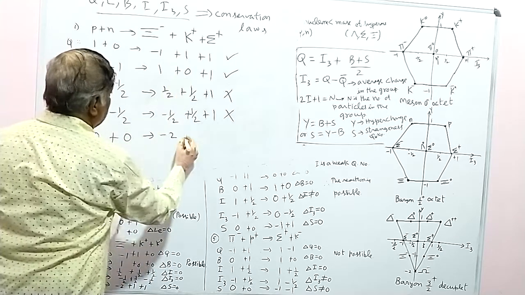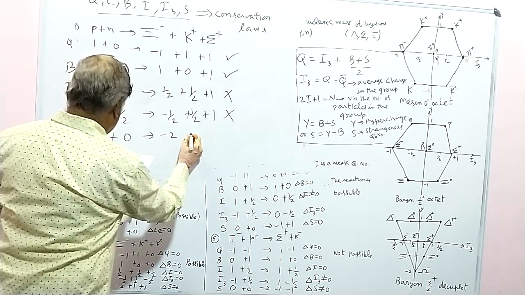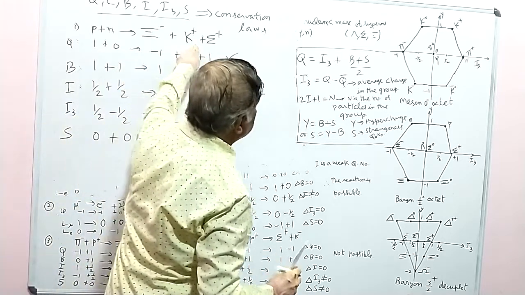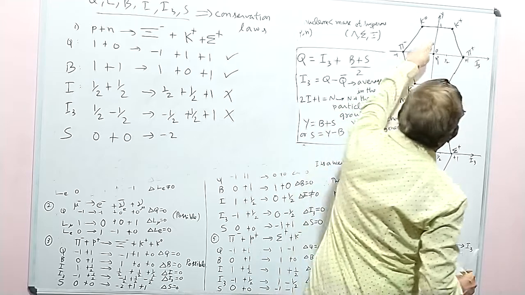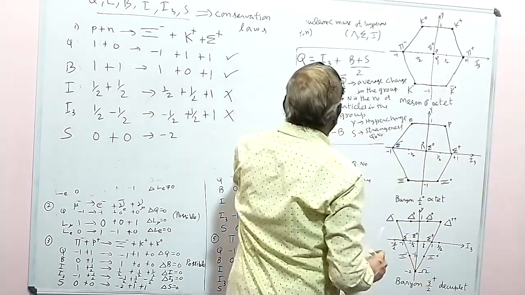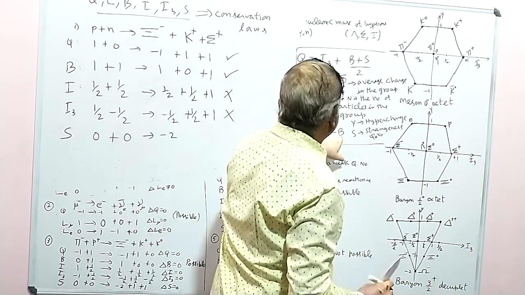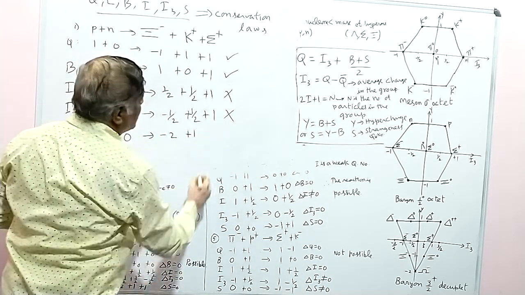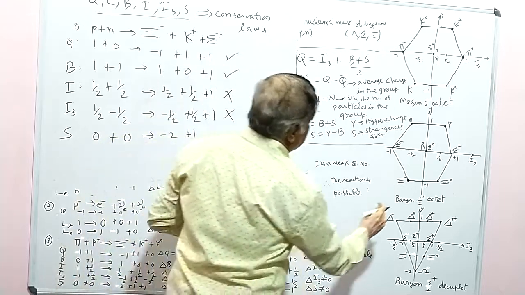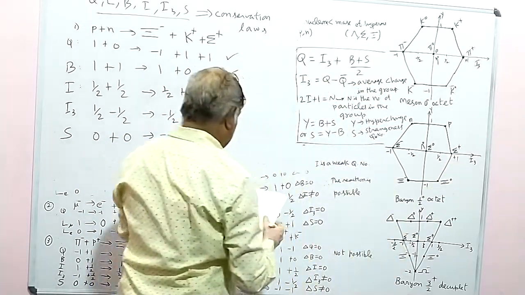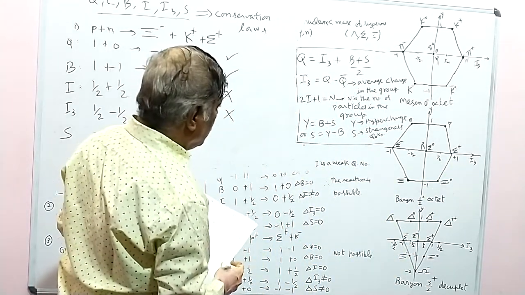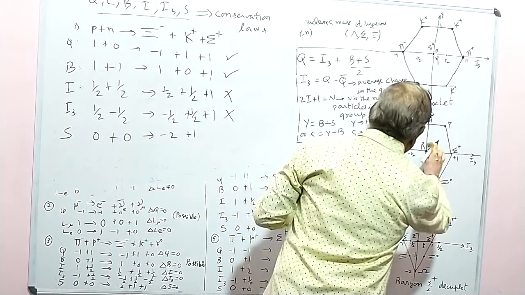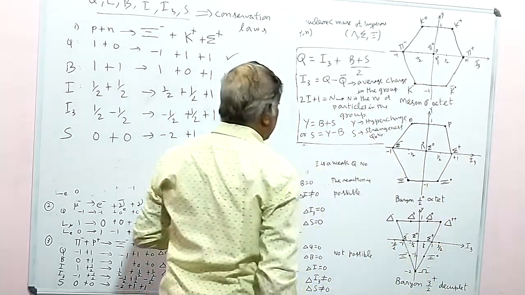So similarly for K plus, what is K plus? This is K plus, Y minus B is 0, so this is plus Y, so this is plus 1. For sigma plus, Y value is 0, and 0 minus 1 is minus 1.